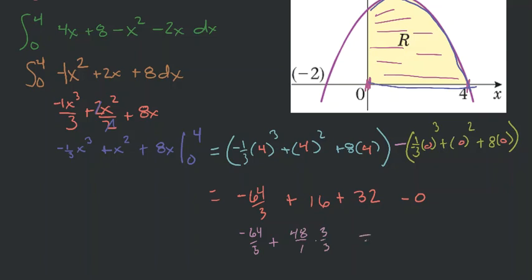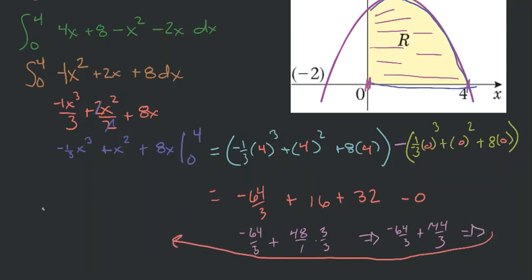So that's going to produce negative 64 over 3 plus 144 over 3, which is going to produce an area for us of 80 over 3, or 26 and 2/3. So that means the area of this shaded region is 80 over 3, or 26 and 2/3.